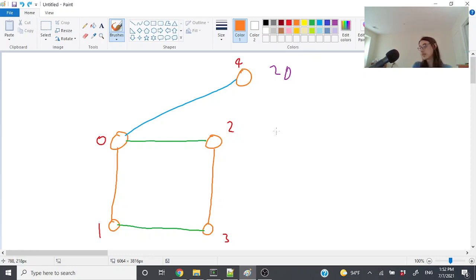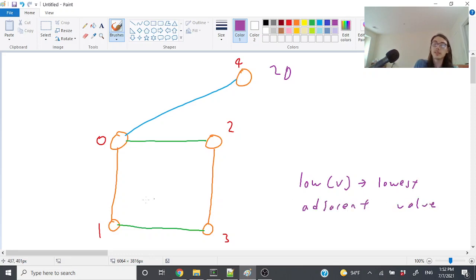So all I did was store for each node the lowest value, the lowest adjacent node value.